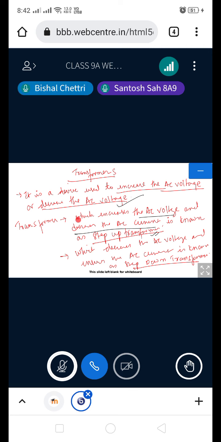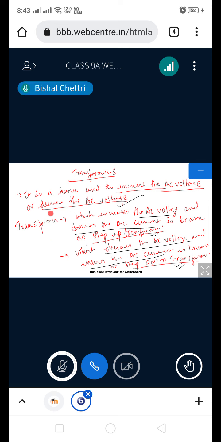Only the voltage we have written. See, I have not given you the actual definition as of now. The actual definition, I'll mention it. I'm just briefly explaining you what it is. Now, a transformer in which we decrease the AC voltage and increase the AC current is known as a step-down transformer.